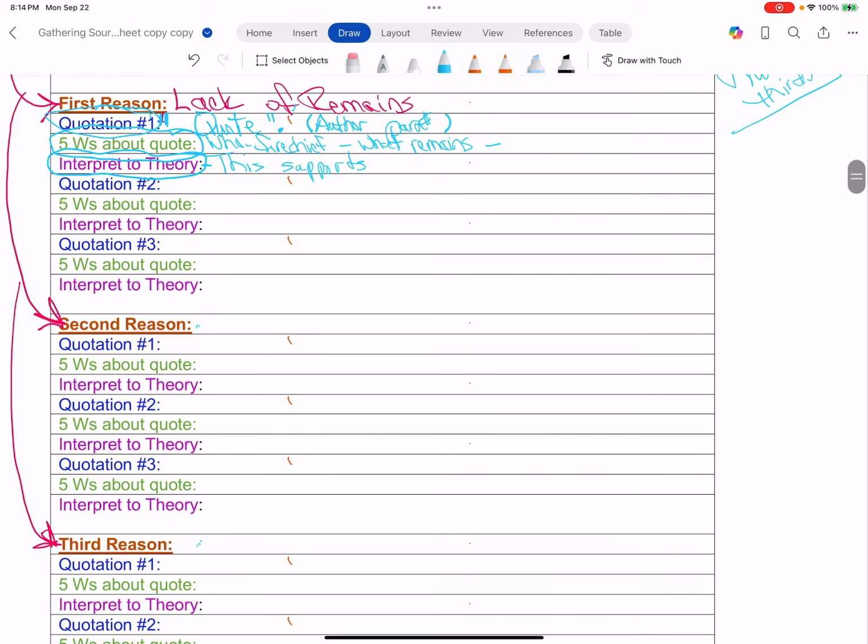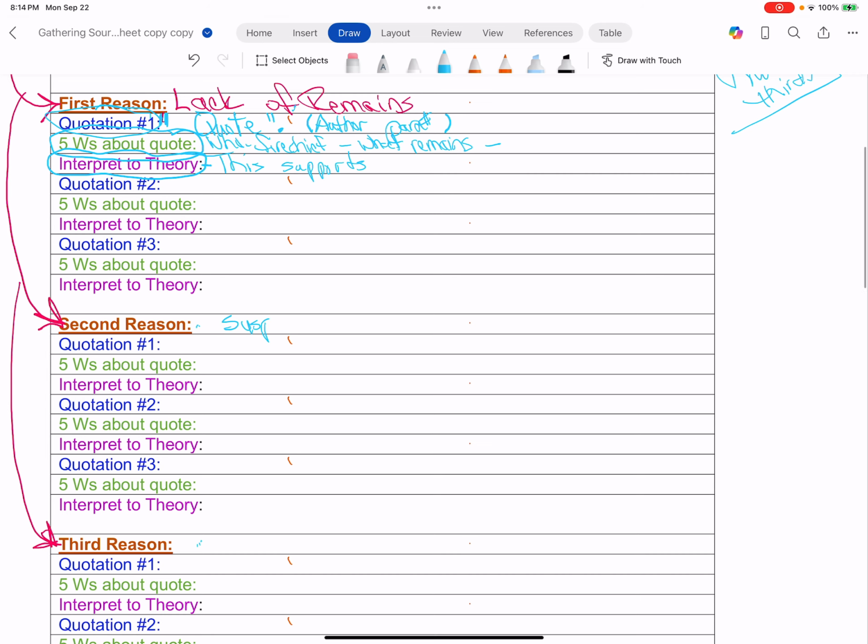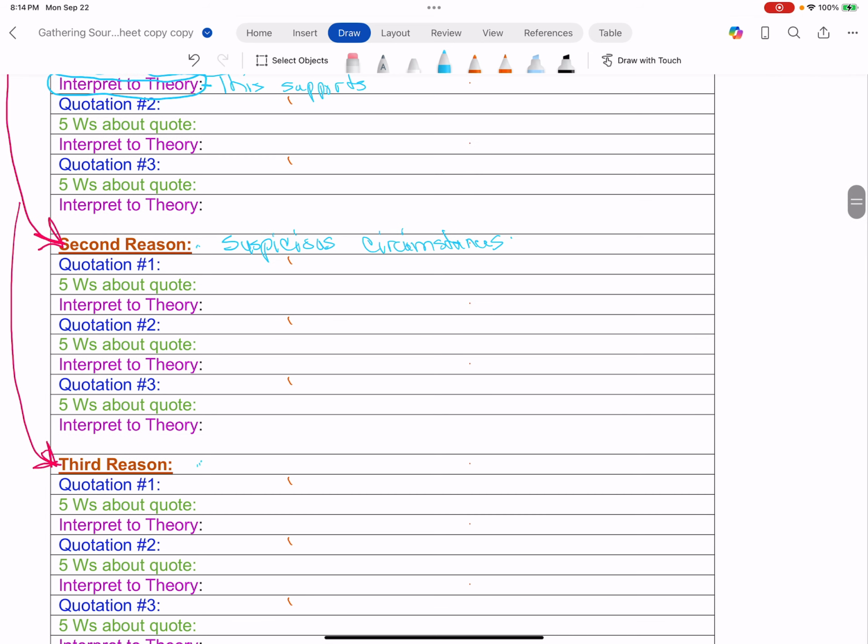Let's try one more. Say the second reason was the suspicious circumstances. And say the first quote was: "The ladder was found a mile down the road by a family member."